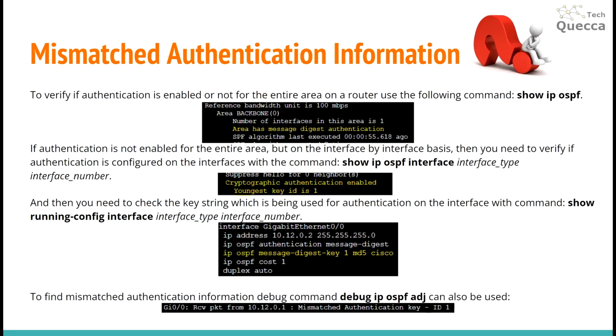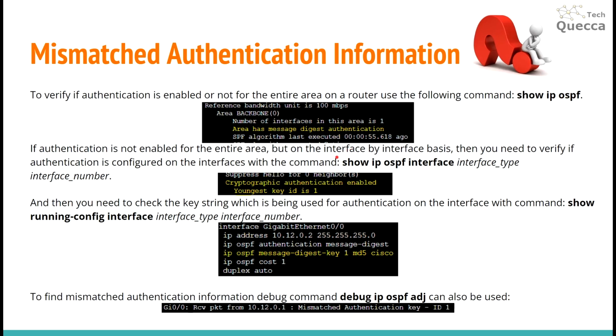To verify if authentication is enabled for the entire OSPF area on the router, you can use the command show ip ospf. In the output, you will see "area has message digest authentication" if authentication is enabled for the entire OSPF area. But if you have authentication enabled on an interface-by-interface basis, you will not see this message in the output of this command.